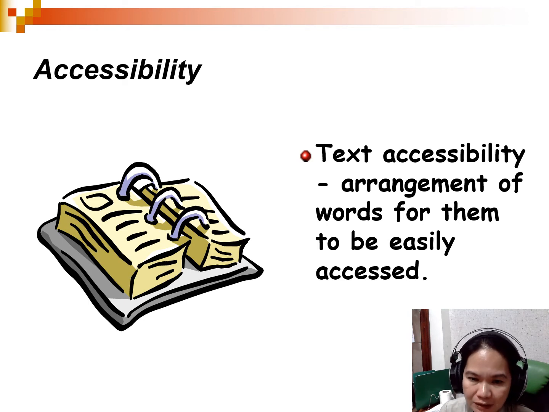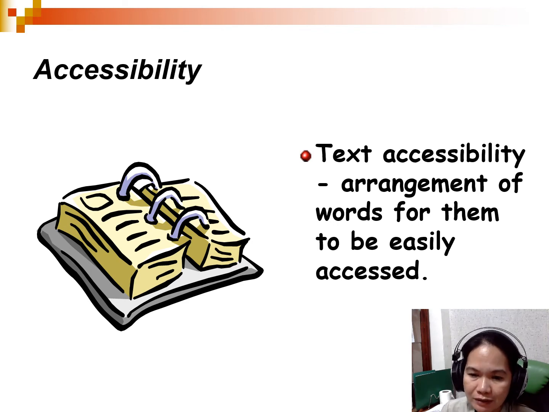Text accessibility. Okay, these are reading materials that we want to access, to support our claim or opinion, especially if we're going to write research or term papers or any opinion that you want to prove.